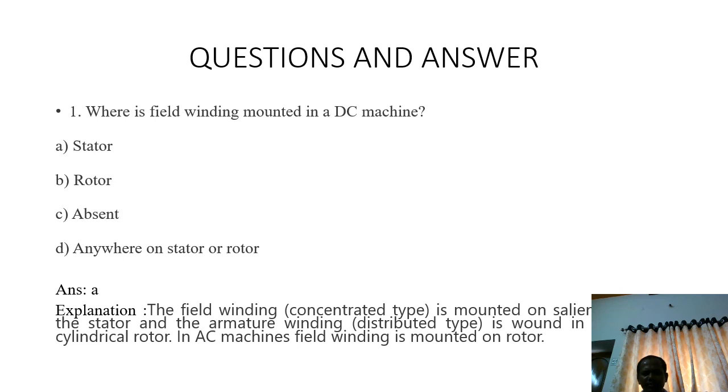Give the answer. Is the question understood or not? Right, once again I will explain the question. Where is field winding mounted in a DC machine?